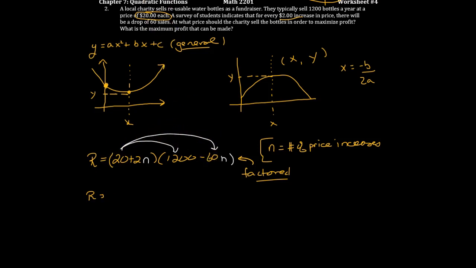That's the first half. So 20 times 1,200 plus 20 times negative 60. Now that we multiply the 20 to both terms in the second bracket, we take the 2n and multiply that to both terms.